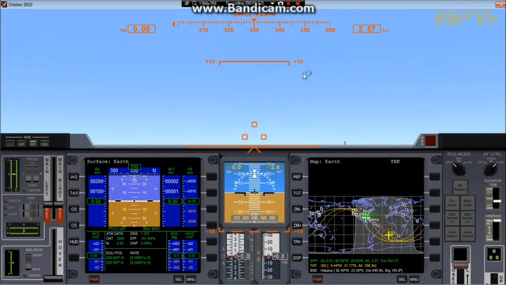You can see the terminator, which is the sunlit portion of the Earth, slowly moving around as the time goes by. 45 minutes from takeoff. 30 minutes from takeoff. I'm now slowing down to 10x.